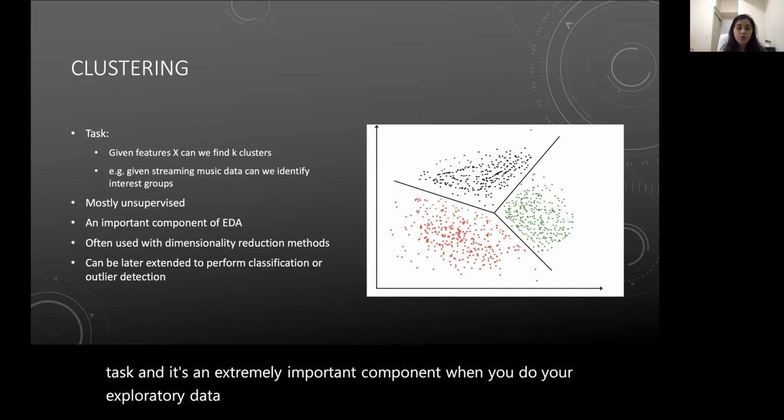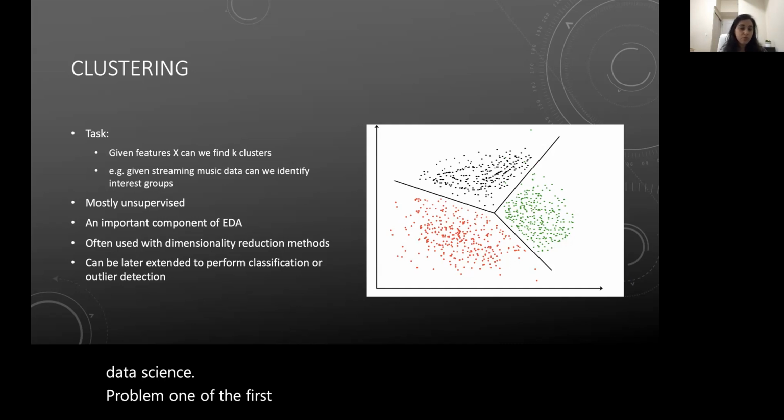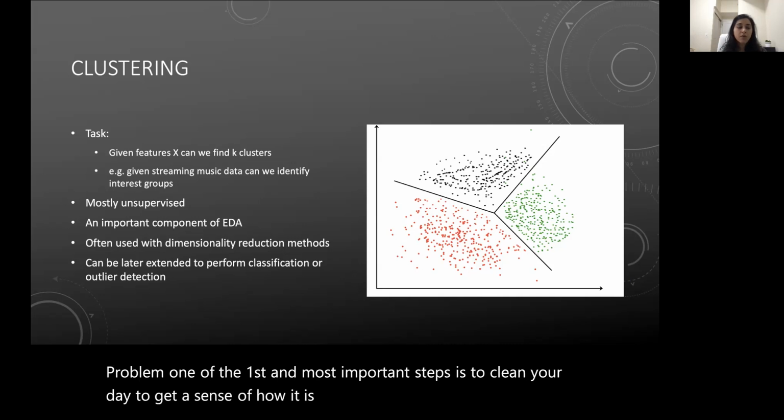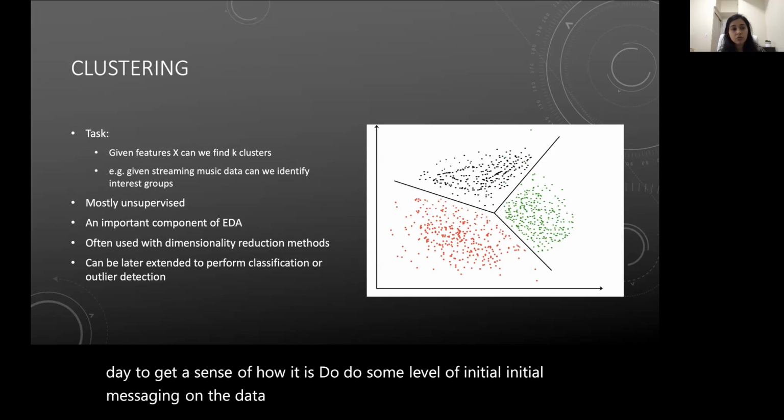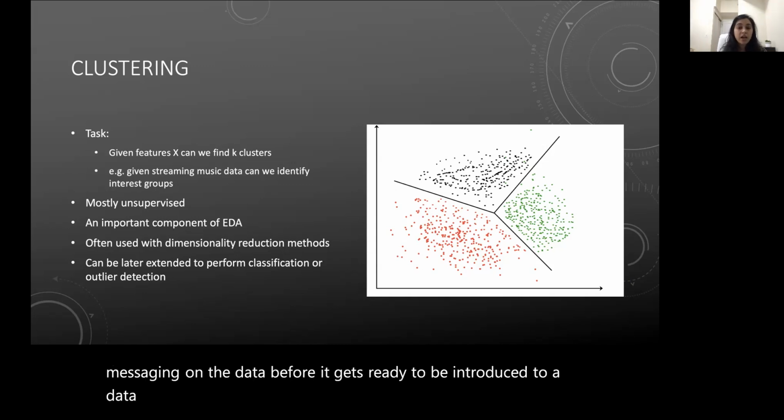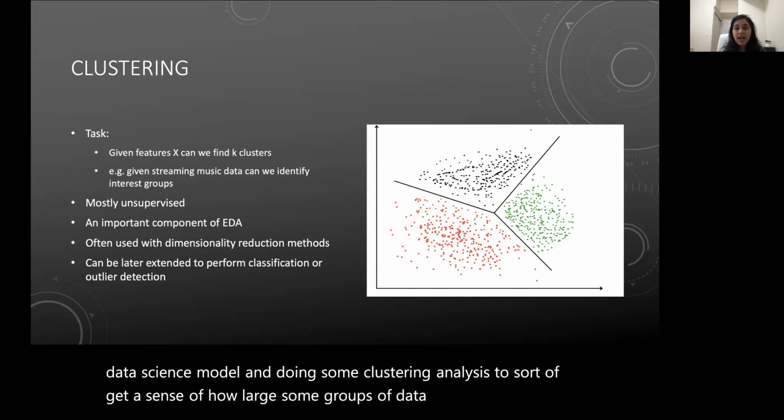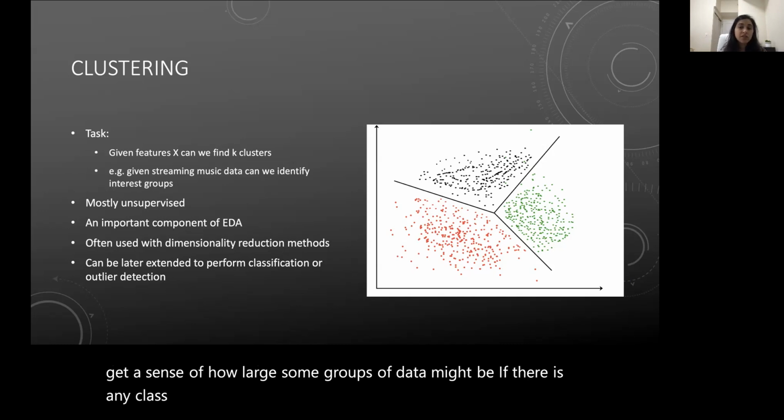When you are solving your data science problem, one of the first and most important steps is to clean your data, get a sense of how it is, and do some level of initial massaging on the data before it gets ready to be introduced to a data science model. Doing some clustering analysis to get a sense of how large some groups of data might be, if there is any class imbalance or if there are any correlations, is an extremely important step.